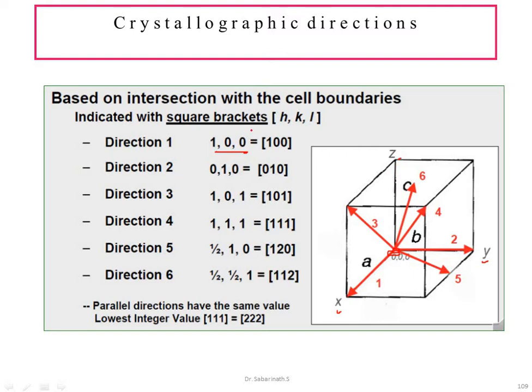Now what is 1 0 0? It is very simple. The 1 means that the point is one unit away along the x-axis, and in the y-axis and z-axis it does not have any change. So here comes the point 1 in x, 0 for y and 0 for z.